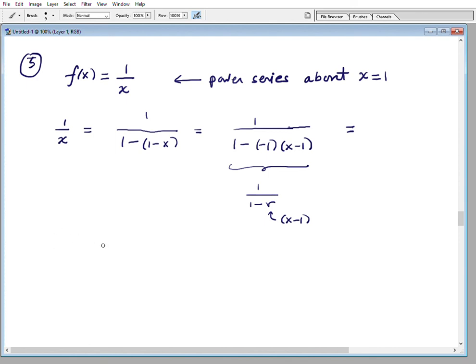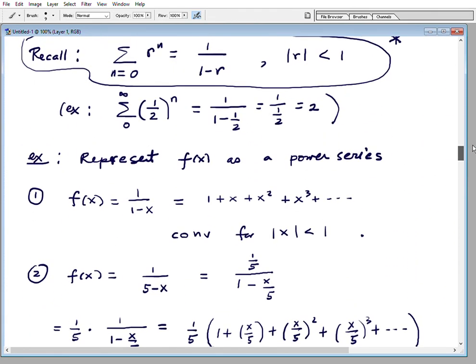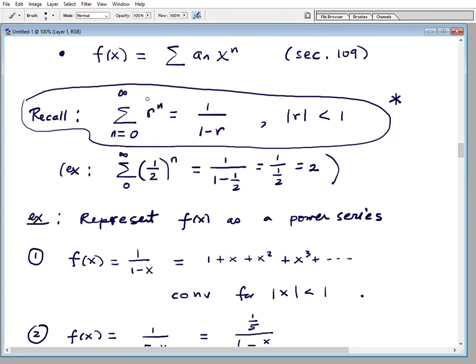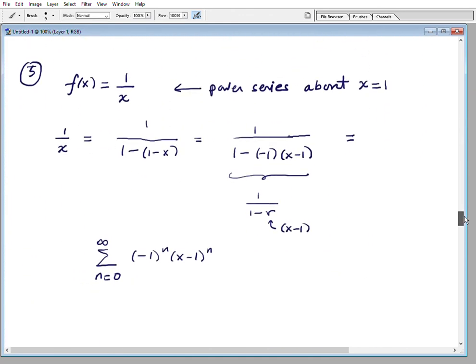So this is what we have, that this is equal to the sum, all right, that's using this formula. Sum r to the n is equal to 1 over 1 minus r. That's what we used here.